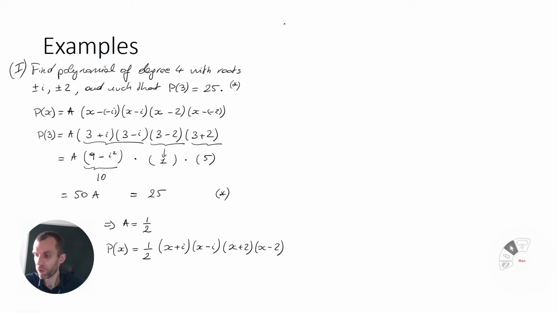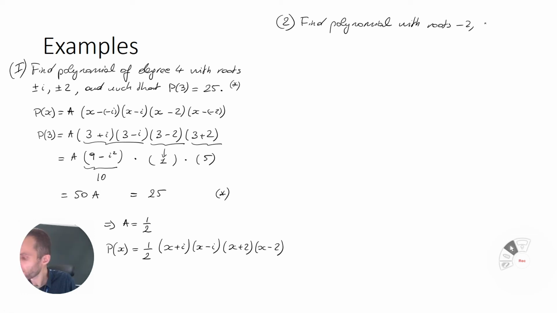Now, for the second example, let's find a polynomial with roots -2 and 0 of degree 4 again.